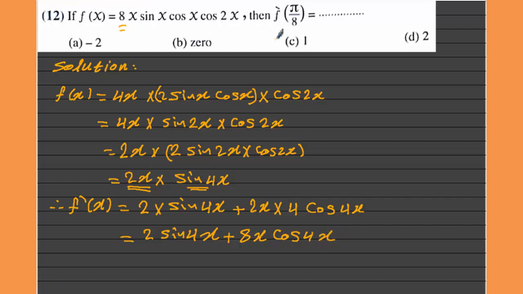The required here is to find f dash of pi over 8. So f dash of pi over 8 equals 2 sine 4 multiply pi over 8.